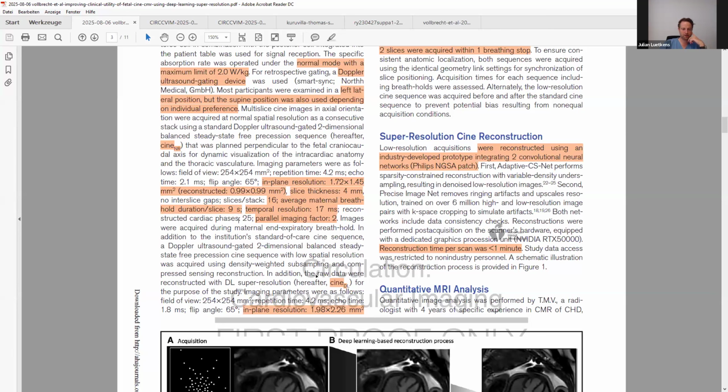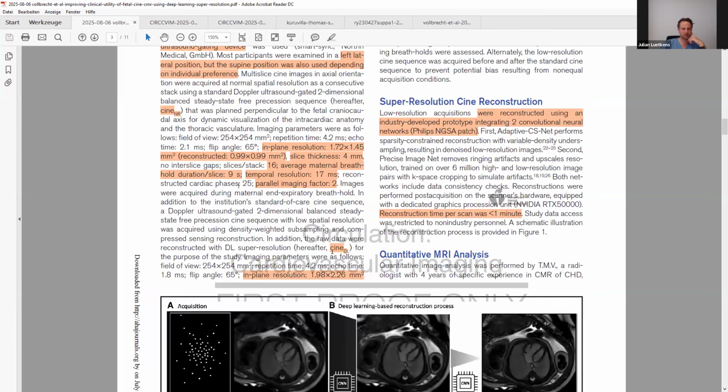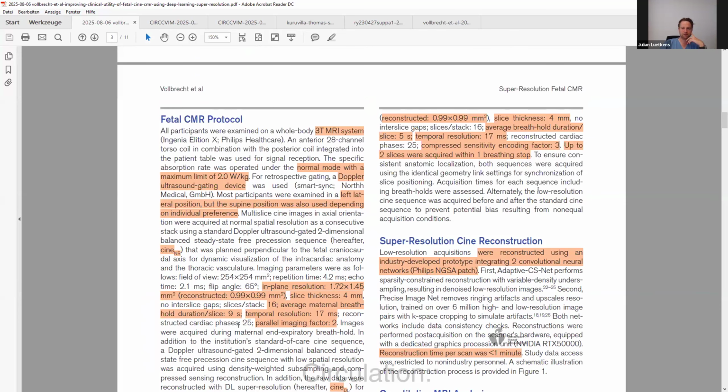So, these are the technical or sequence parameters for the deep learning Cine sequence we used. As you can see over here, the main difference is that we use a lower acquired in-plane resolution of 2 times 2.2 square millimeters, and use another acceleration technique, compressed sensing.